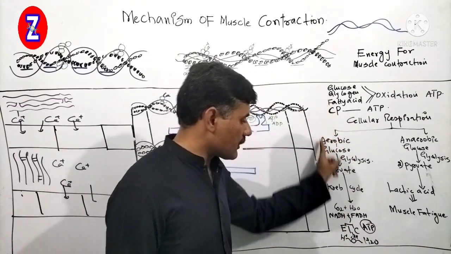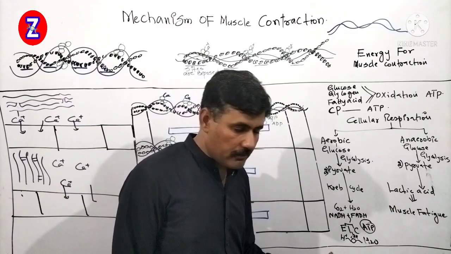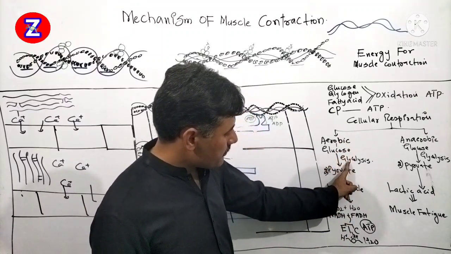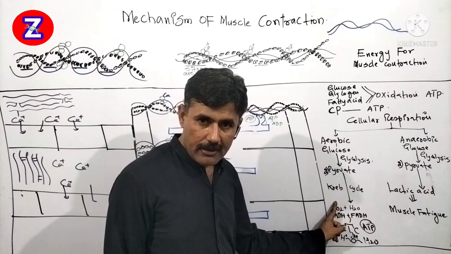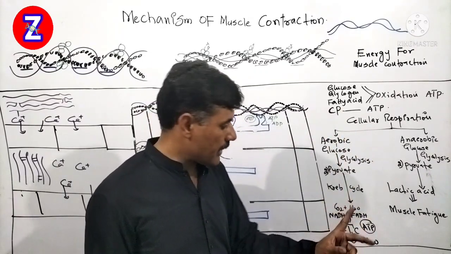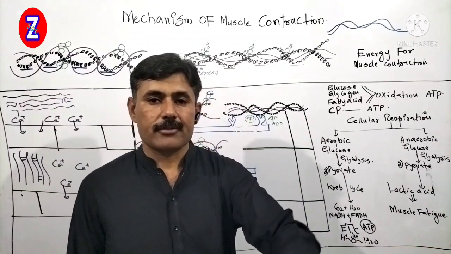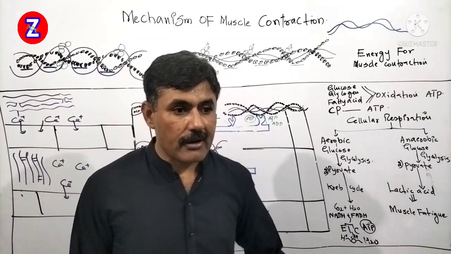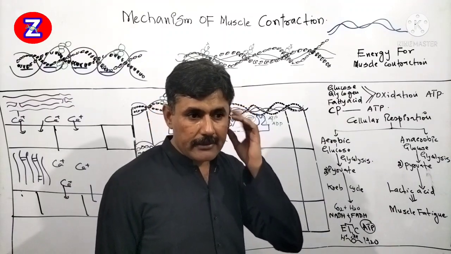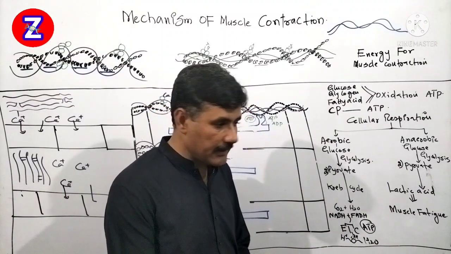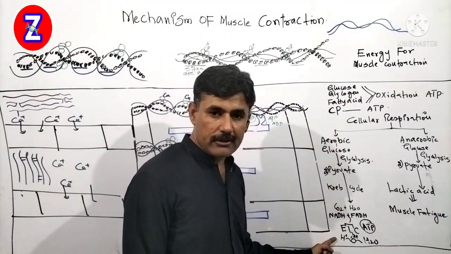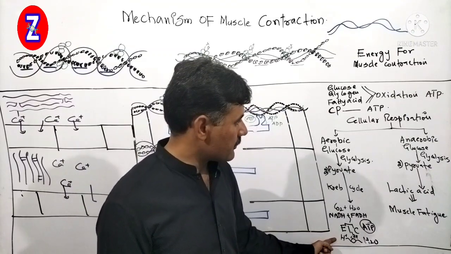Therefore, we call it cellular respiration, where glycolysis produces ATP, the Krebs cycle produces ATP, and a sufficient amount of ATP is produced by oxidative phosphorylation, which takes place through the electron transport chain, where oxygen is actually helping to settle all these electrons finally. Therefore, this is called aerobic respiration.